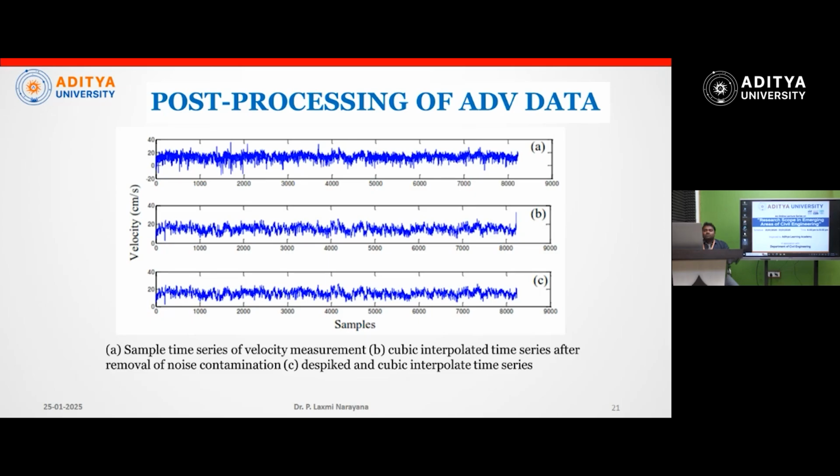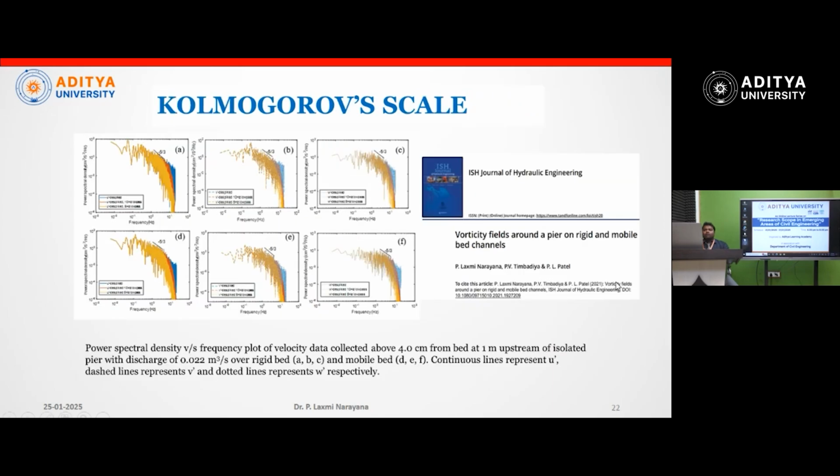After post processing the ADV signals, we need to check our processed data with the Kolmogorov scale, where we can have the inertial subrange with the slope of minus 5 by 3. As I told earlier, in turbulence we have three regions: the energy production range, the inertial subrange, and the energy dissipation range.